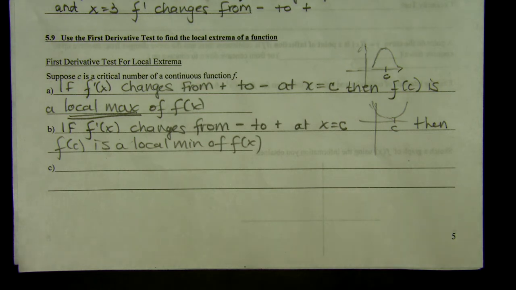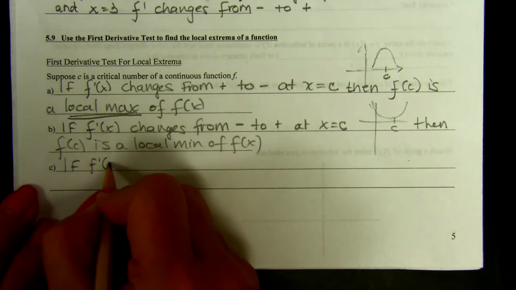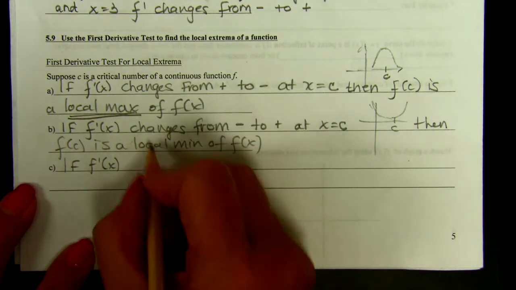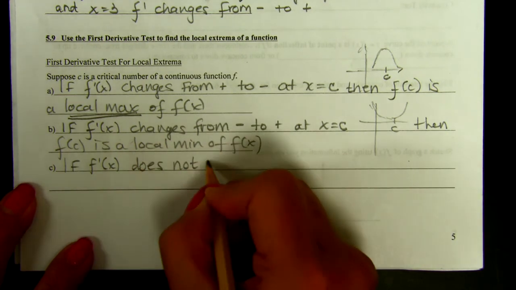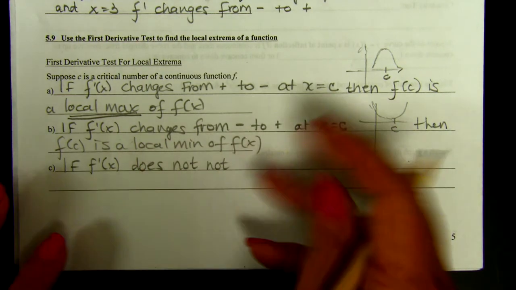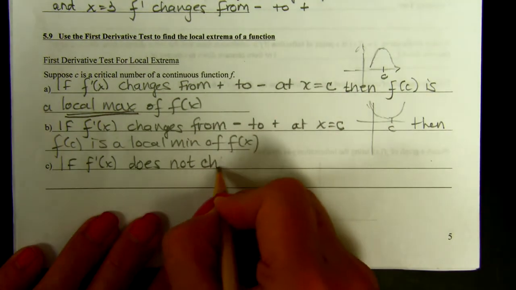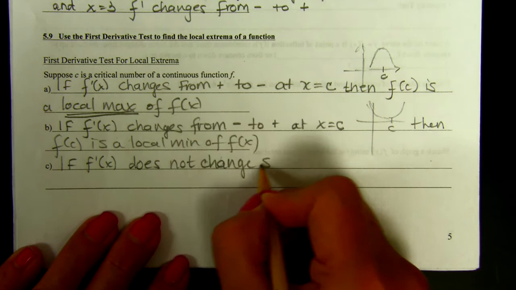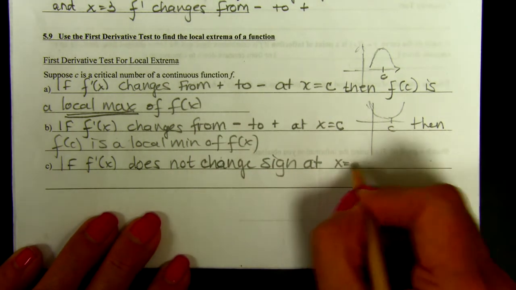All right, so we've looked at the derivative changing from negative to positive and from positive to negative. There is a third possibility. What if the derivative of f of x does not change sign at x equals c?